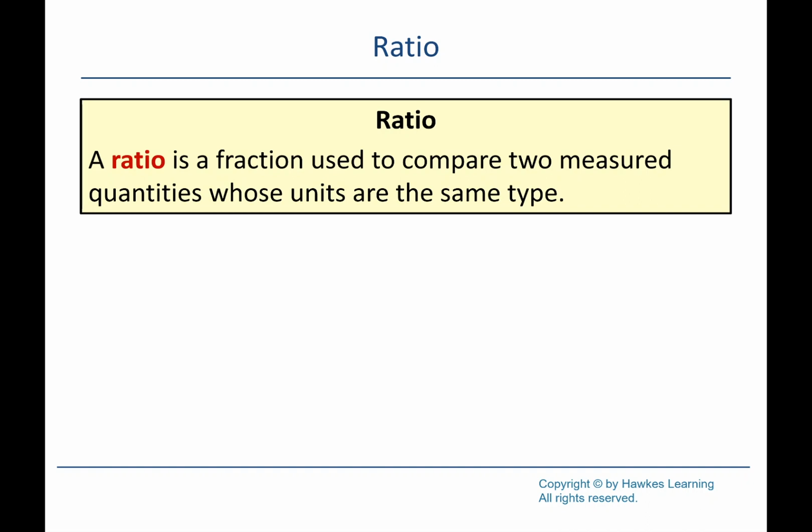With the ratio, we are going to have the same type of unit. Okay, so top and bottom is going to be the same type of quantity. And here in just a second, we'll see that that's a little bit debatable too. So ratios, rates, they're really almost interchangeable. Okay, the two terms.